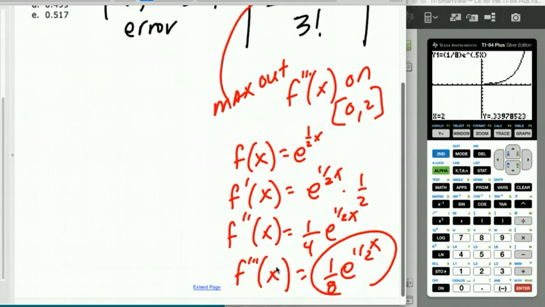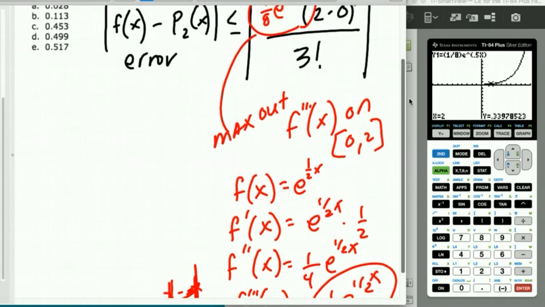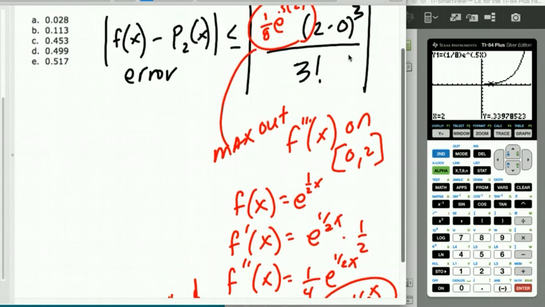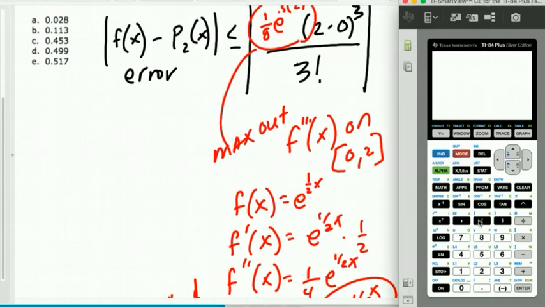You can see that because if you picture what this graph looks like, and I also was able to graph it on a calculator, on the window from 0 to 2, this graph is going to be physically highest right there. So basically my job is to type into my calculator this quantity. I type in 1/8, e to the first, because it's e to the 0.5 times 2, times an 8, because it's 2 cubed, divided by that 3 factorial, which is a 6.